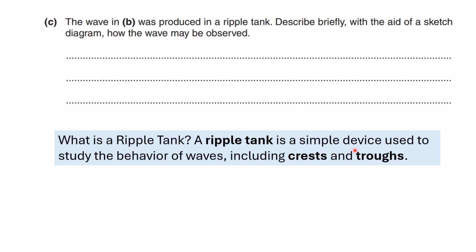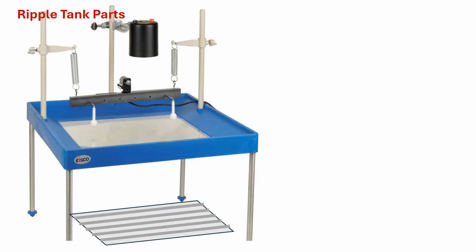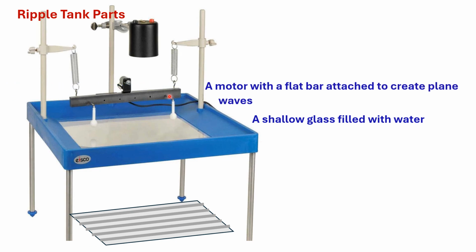It is a simple device used to study the behavior of waves, including crests and troughs. Let's review the ripple tank parts. This is a shallow glass tank filled with water, and this here is a motor with a flat bar attached to create plane waves.